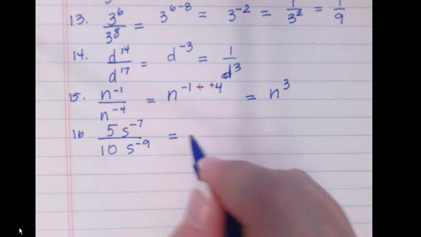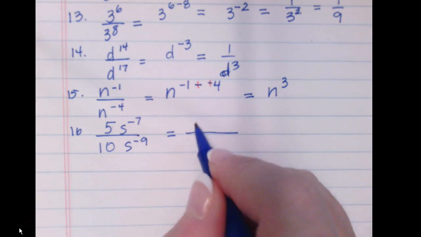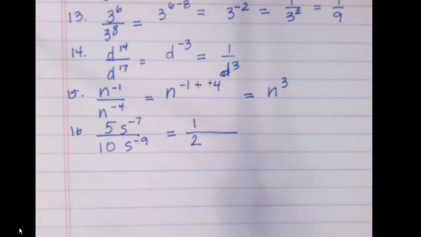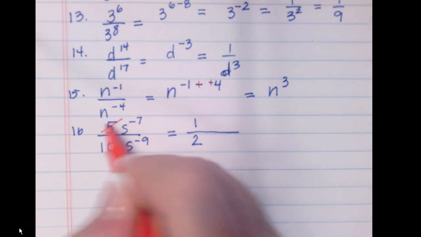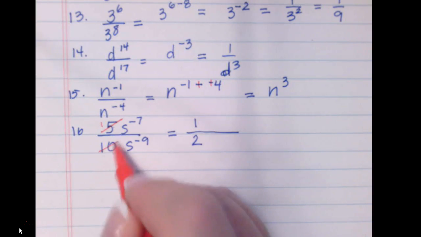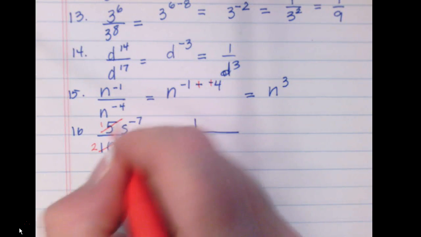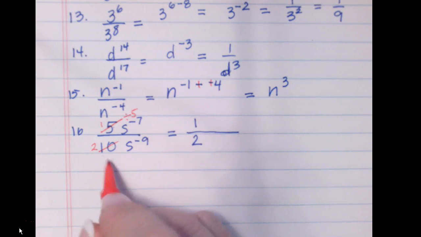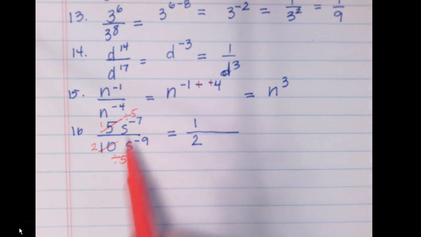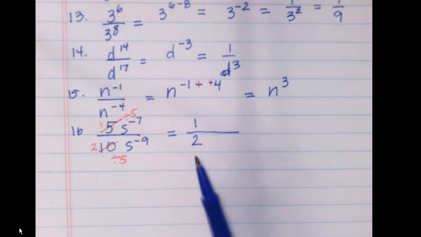So I have got 5 over 10, and I am going to reduce that like a fraction. So we say 5 goes into 5 1 time, 5 goes into 10 2 times. So it's like I'm doing divide by 5 on top and bottom.